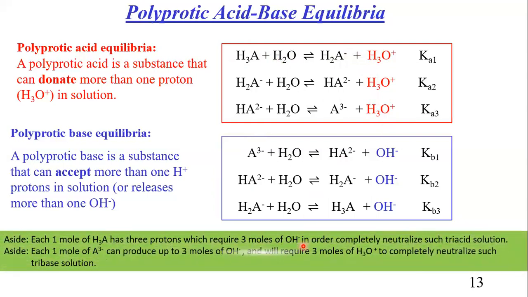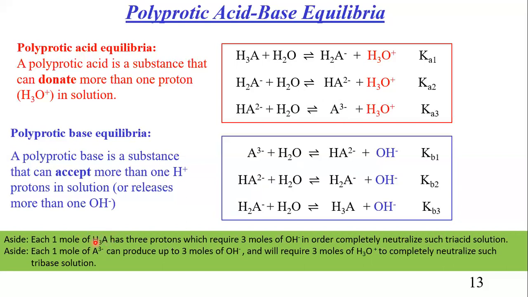Well, we took the extreme case. We went all the way to the triprotics. Of course, there's diprotics, which are simply like H2A. Now, this is just on the side because I won't have another place to put it, but I thought it was okay to put it here. We're going to use this actually when we get to titrations.